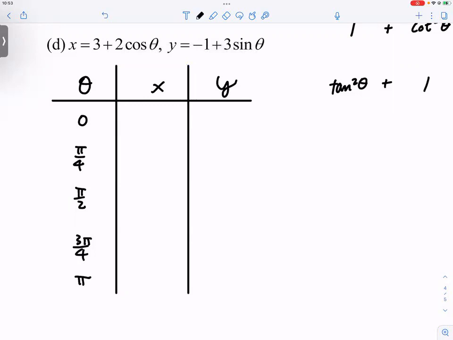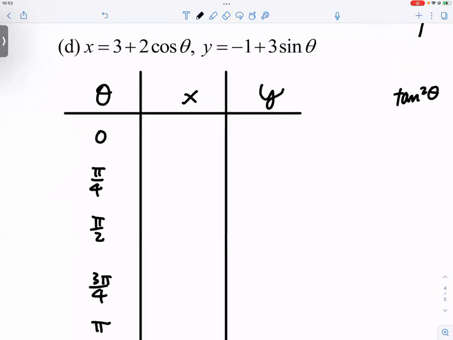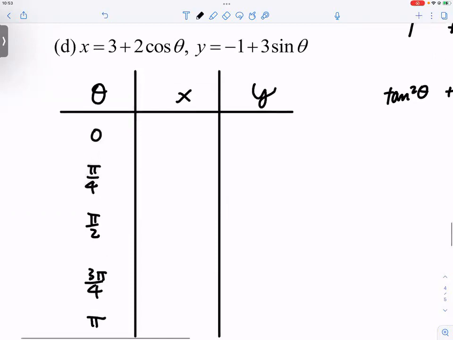I hope you still remember all these sine and cosine values. Let's see how good your recall is. What's cosine of 0? 1. So therefore, the x value when theta is 0 is 5. What is sine of 0? 0. So the y value is -1.